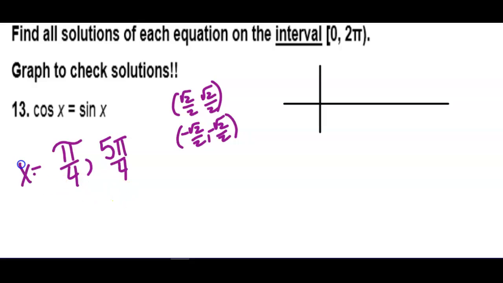Okay. If you thought about the cosine graph from 0 to 2 pi, and you thought about the sine graph from 0 to 2 pi, okay, it happens twice. That's it.